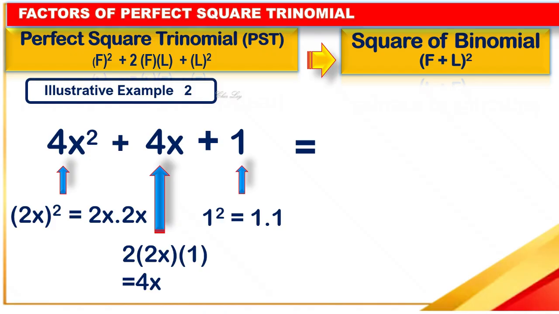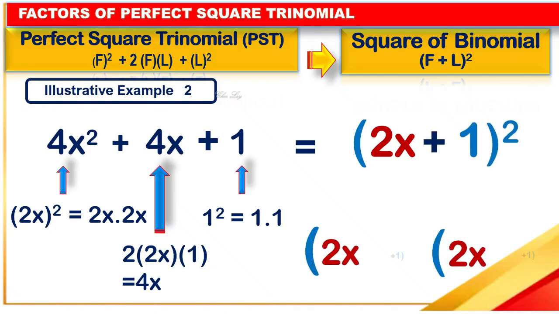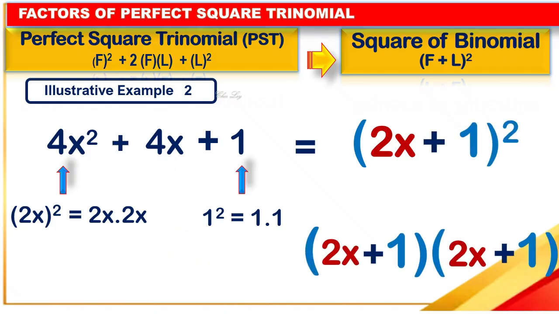So we have a perfect square trinomial. Writing the factors following the pattern, the first term is 2x and the last term is 1. So we have the quantity 2x plus 1 squared, or 2x plus 1 times 2x plus 1, which is the square of a binomial.